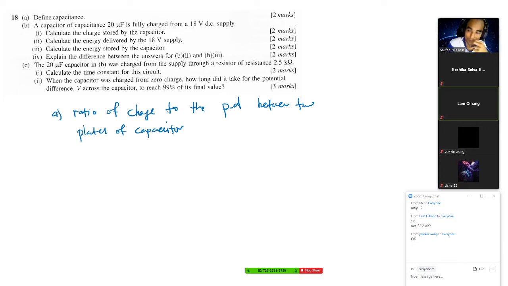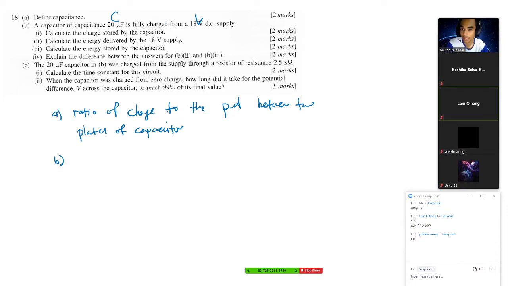So B, a capacitor of capacitance 20 microfarad is fully charged from an 80 volt DC supply. Okay, fully charged for 80 volt. You have a V over here, and you have C and V. Calculate the charge stored by the capacitor.